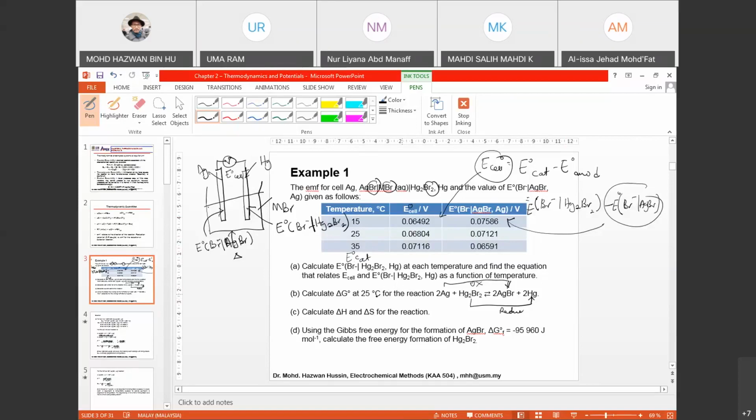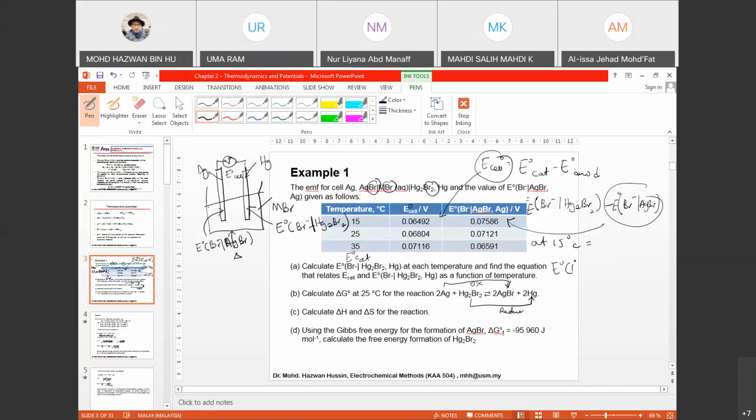You can calculate the cathodic potential, for example at 15 degrees C, by substituting.